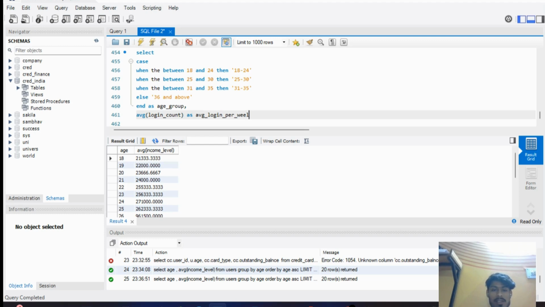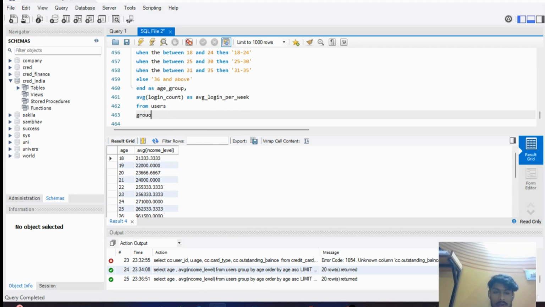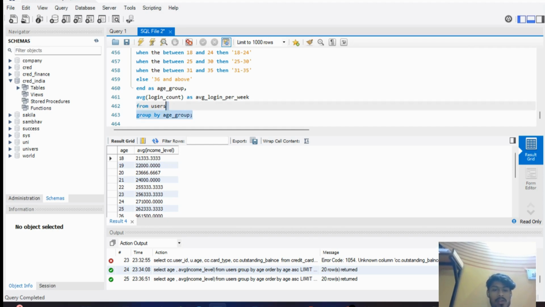So we change the name to average login per week. Select the table, age. So let's try to run this also.